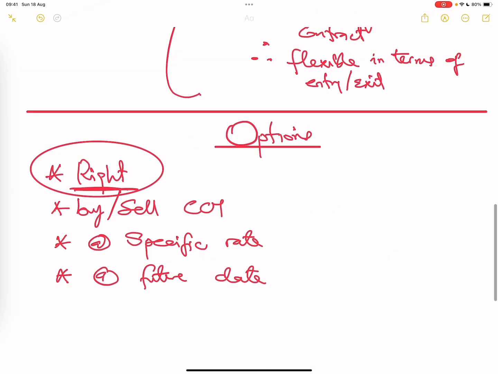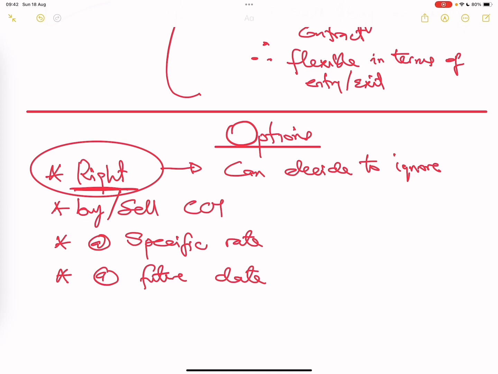But options is just like future and forward. However, it is not an obligation, it is a right. So you can decide not to exercise, you can decide to ignore. Because if the market doesn't move in your favor, you can say, no, I'm not doing this again.